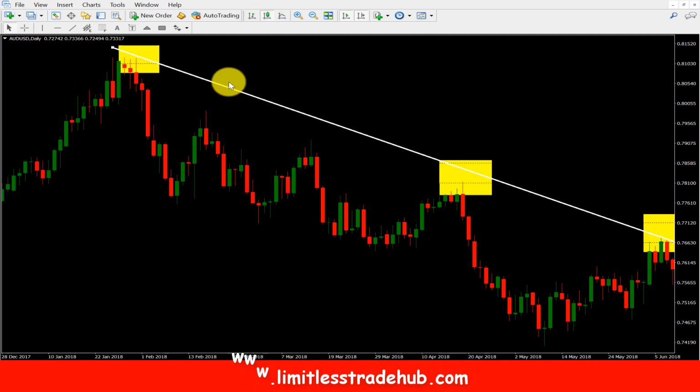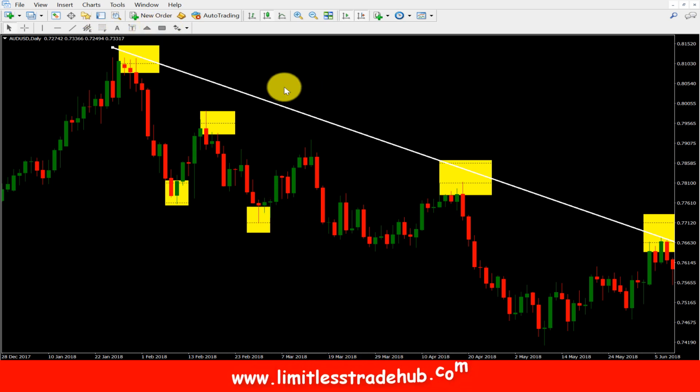If we look at the swing points, from here to here the market is making lower high, lower low, lower high. Again the market is making another lower low and another lower high.